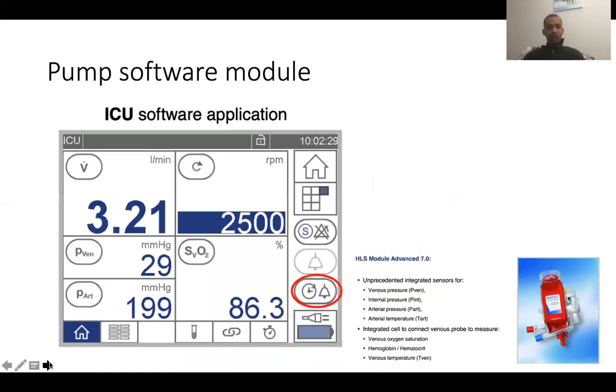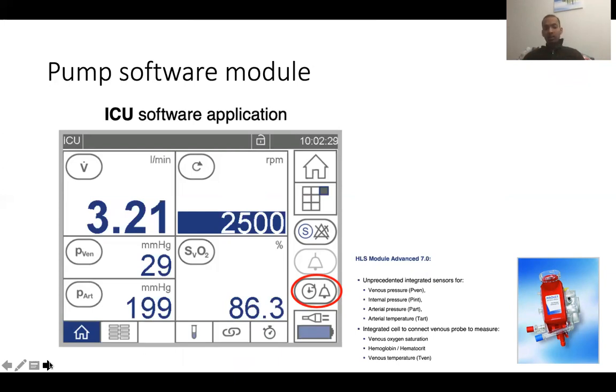This is the typical screen on the pump, where you have the flow in liters per minute and RPMs, rotations per minute. Here you have inline monitoring for the ABGs, and it shows you the venous blood gas. Sometimes you're able to see the saturations on the venous side.